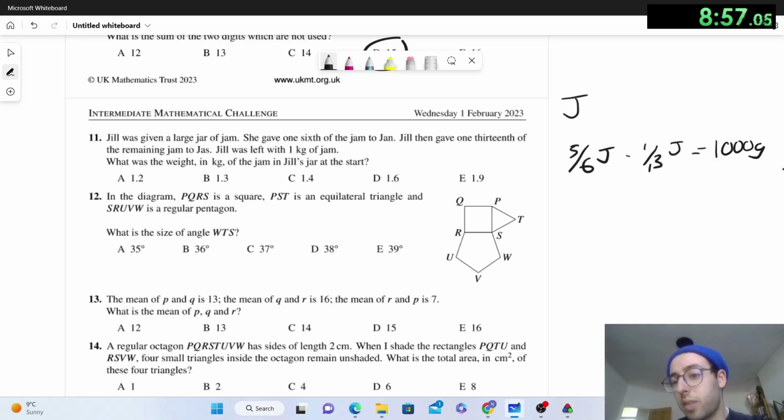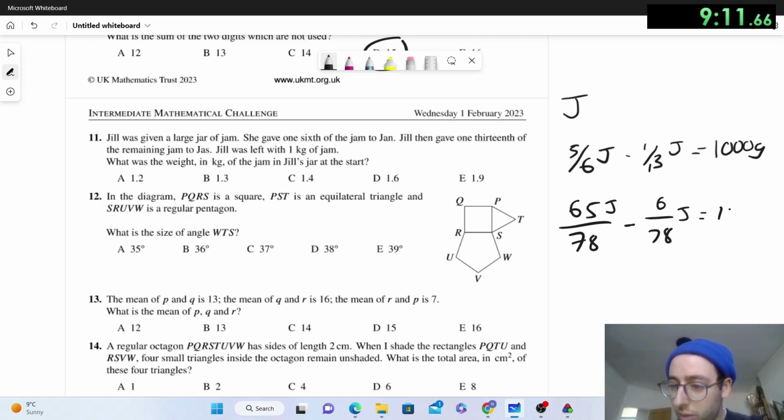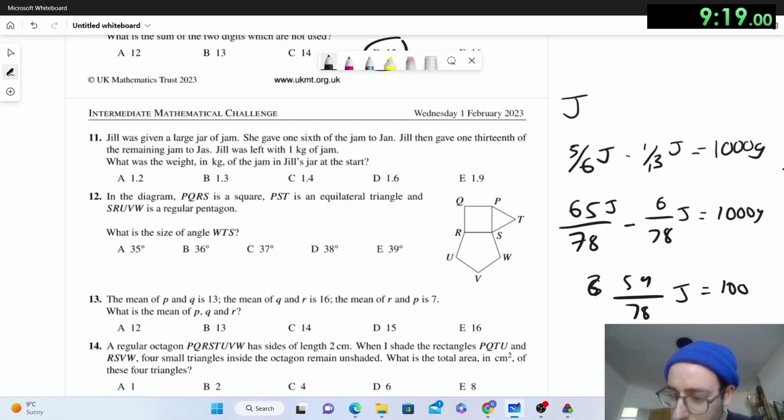Okay, 5/6 minus 1/13. 6 times 13 is 78. Yeah, so we've got 65 over 78 J minus 6 over 78 J equals 1,000. So we've got 59 over 78 J equals 1,000. No. 59's a horrible number, isn't it? Is that prime? I'm doing something stupid.